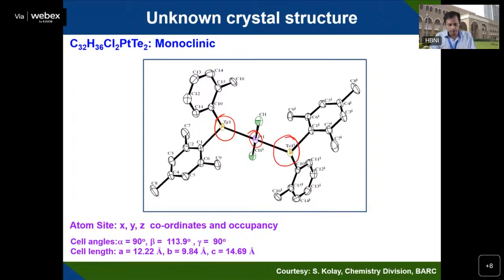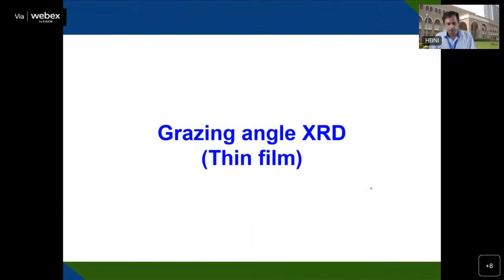By putting your heavier atom at the center and the other atoms, carbon and hydrogen, at different places, you can find out the crystal structure. So using mainly single crystal X-ray, you can identify the crystal structure of an unknown compound by analyzing those X-ray data with the electron density map.